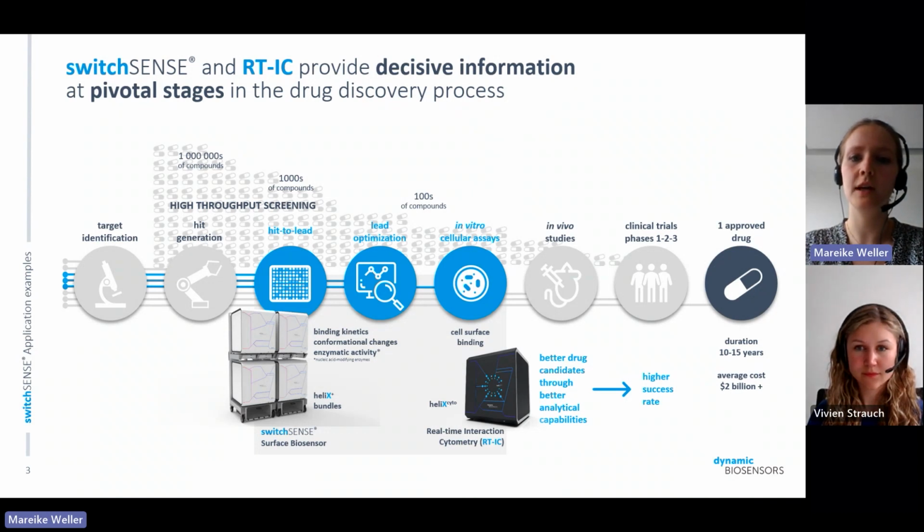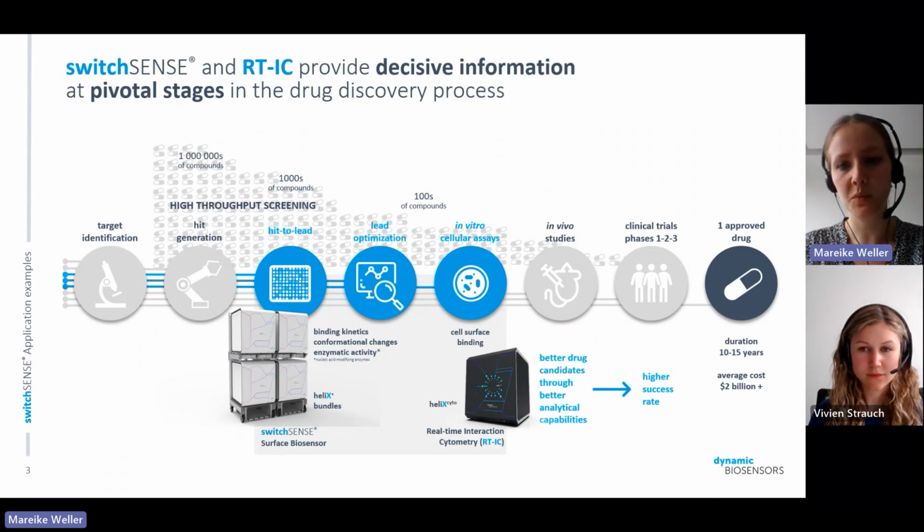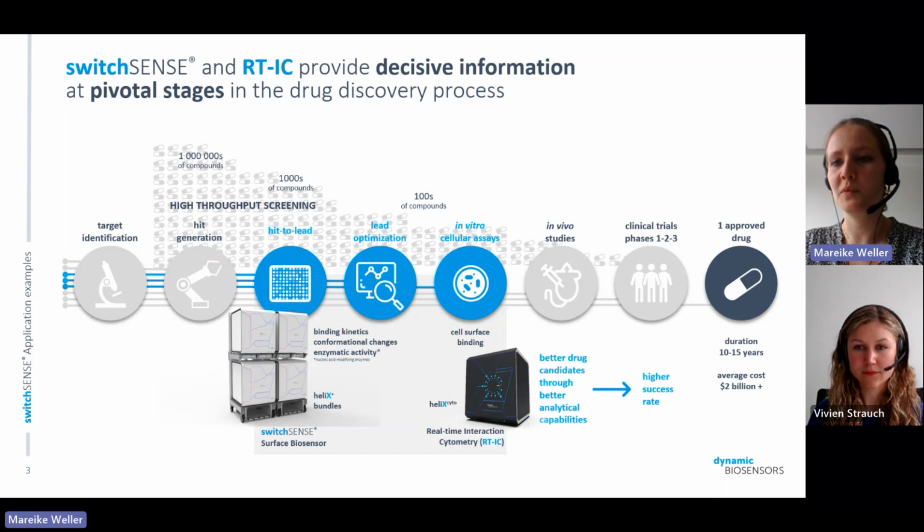This helps us to not only identify the hits, but also optimize them. The later part that you see, with in vitro cellular assays, is a very new technology that we call the RTIC technology to measure real-time kinetics on living cells. But this will not be a topic today, but for the further webinar series.